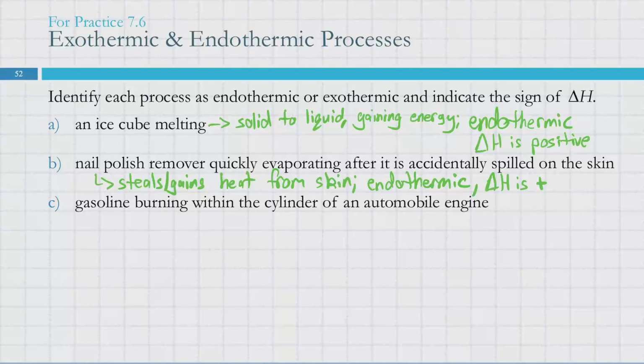Or just gasoline burning in general? Is it producing energy? Is it absorbing energy? It's producing energy. So it's producing energy, which means that it's losing energy or emitting energy.